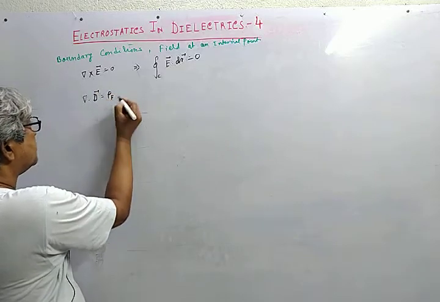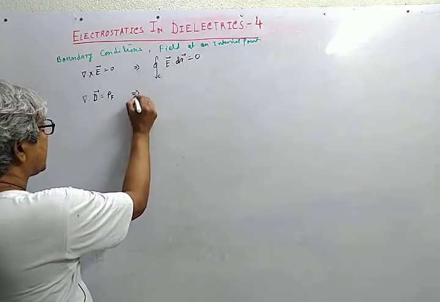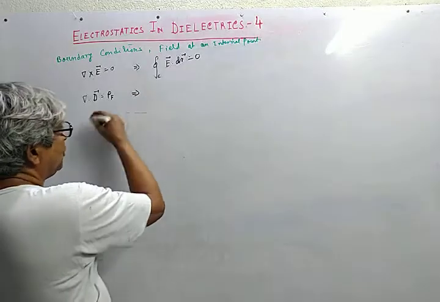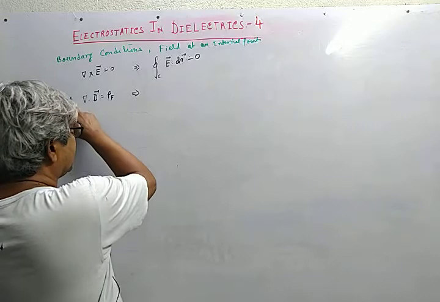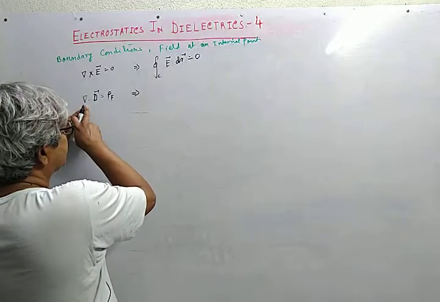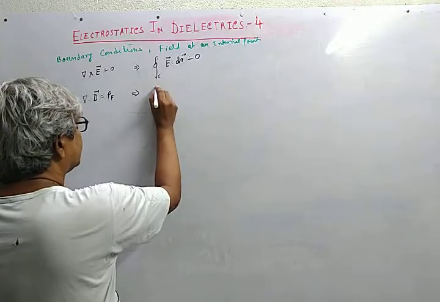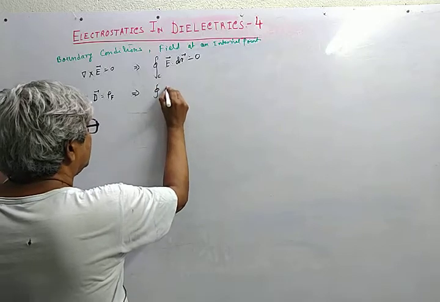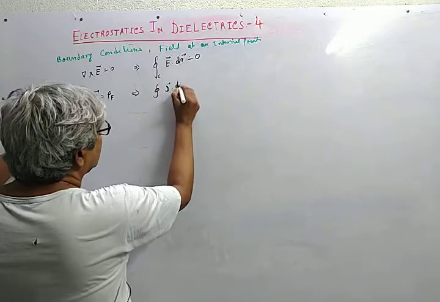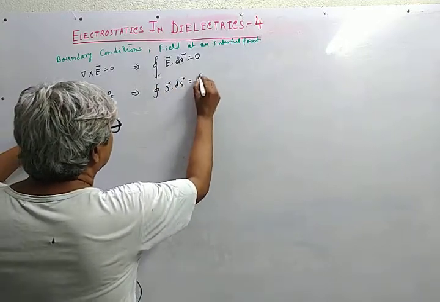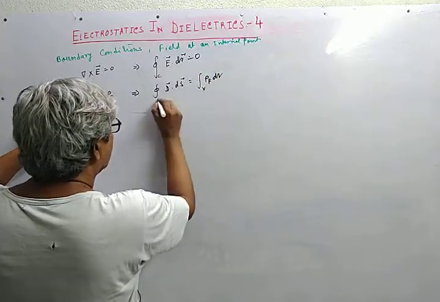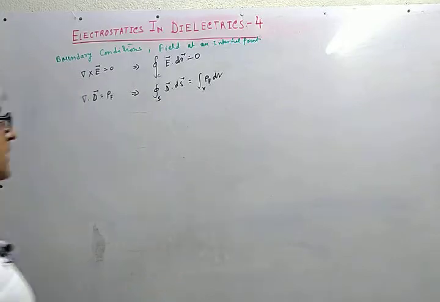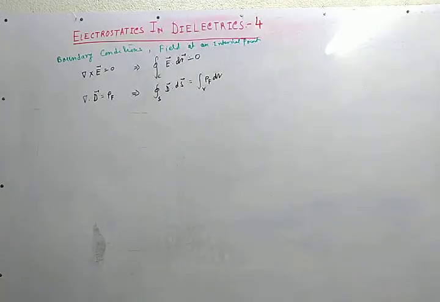This can be converted first into a volume integral, and then we convert the volume integral on the left hand side into a surface integral. These are the two guiding equations.